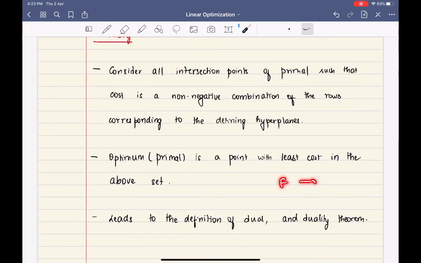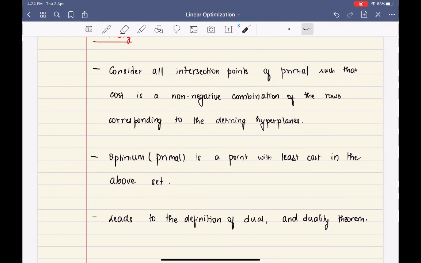So from f to f bar, how did we go? For each point x, we looked at the actual value of the combination, and for the rows that were not chosen we put 0 and we got a y bar, and that gave us our f bar, and we showed that the optimum of the primal equals the min cost in f, which was equal to the min value of b transpose y in f bar, and from there we just had to say that in the dual the extreme points equal f bar.